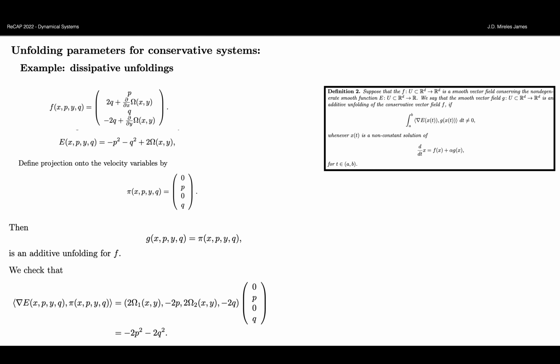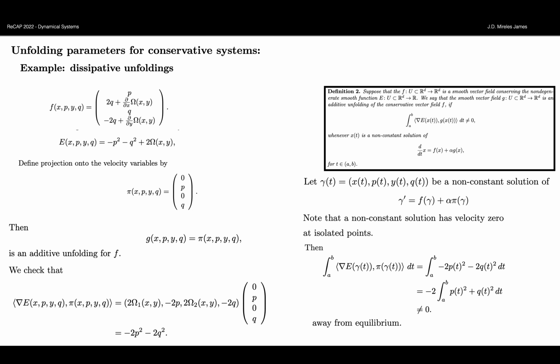If you look at gradient E dot product with the projection, you can write down exactly what that is, and you see that it's basically twice the magnitude of the velocity with a minus sign. So if you look at a non-constant solution of this, this can be 0 only if your velocity is 0 along the whole orbit. Well, that can't happen unless you're at an equilibrium. So this is an unfolding for that vector field.